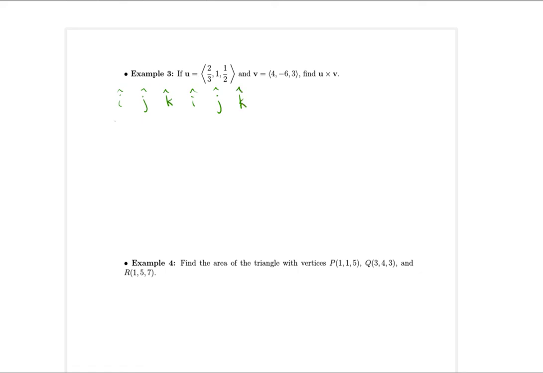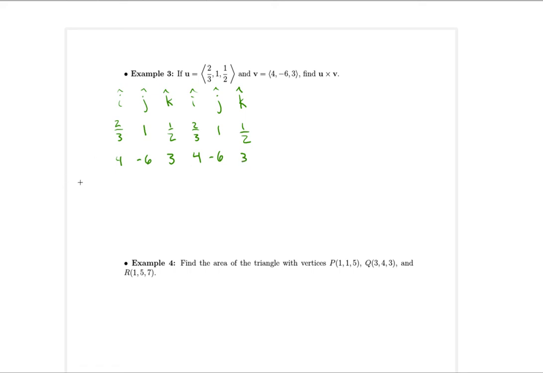Then I write out 2/3, 1, 1/2, 2/3, 1, 1/2. And then 4, -6, 3, 4, -6, 3. So we have it all laid out like this.